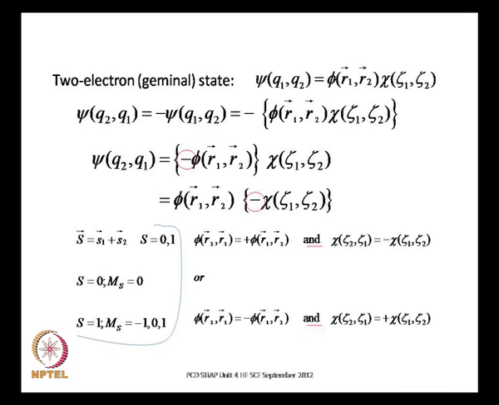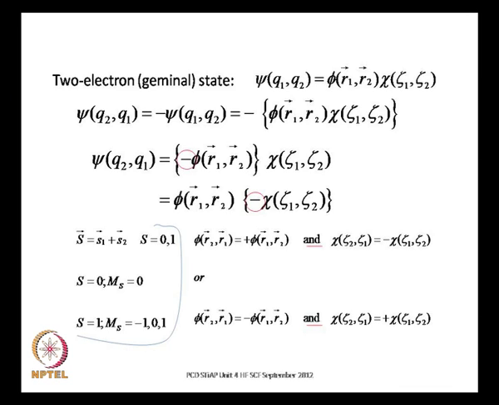So what do these 2 possibilities correspond to? They correspond to the spin being either 0 or 1, because the net spin of the 2 electron system is given by the summation of S1 and S2. So this is a coupling of 2 angular momenta, both of which are half. So the net spin will go from half minus half modulus, which is 0, to half plus half, which is 1.